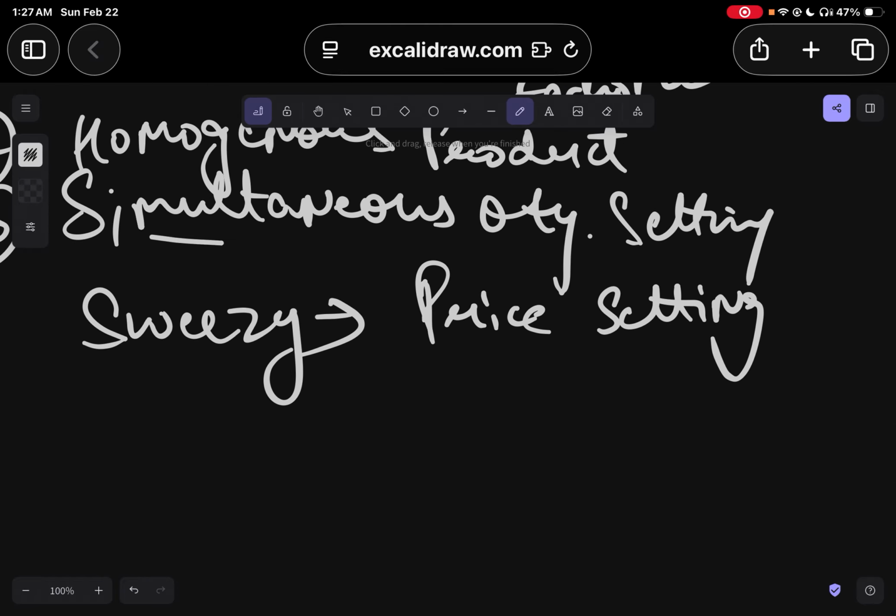And simultaneous quantity setting basically means that none of the firms knows the quantity set by the other firm. One firm sets its own output based upon its own market demand curve, price, and everything, and then the other one decides not on the basis of what the previous one had decided, but completely on its own.